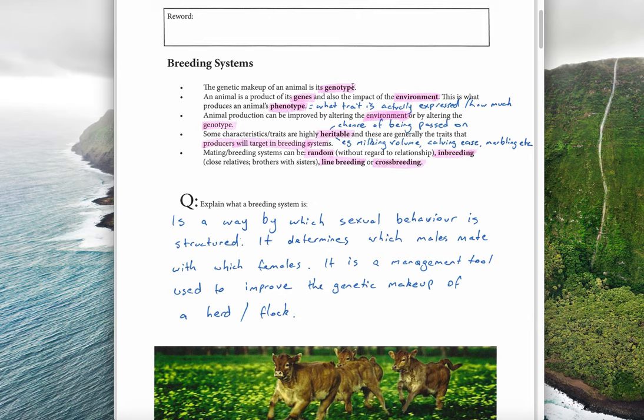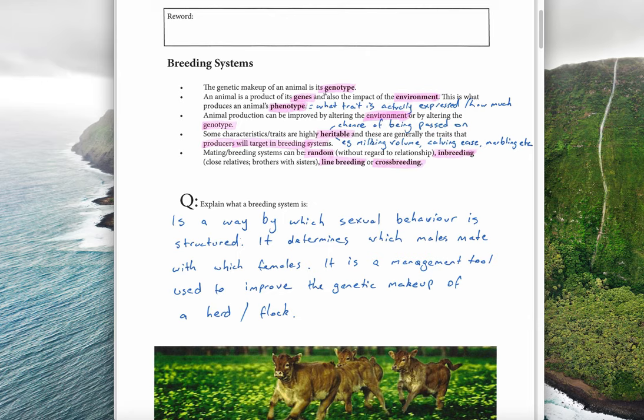However, an Angus genotype will allow it to marble, but obviously the phenotype, whether it does marble or not, depends on how much nutrition it gets when it is growing. So even though it might have the genotype to marble, if it doesn't get enough nutrition, its phenotype, or what it displays, will be no marbling or little marbling.